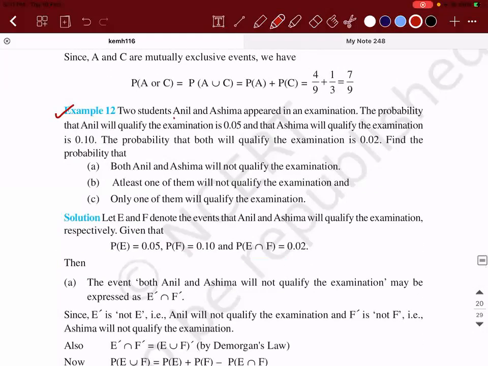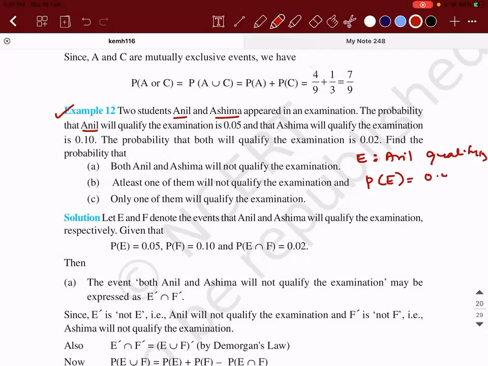Two students, Anil and Ashima, appeared in an examination. The probability that Anil will qualify the examination, we'll give a name to it. Anil and Ashima both are with A. So we'll define event E as Anil qualifying. What is the probability of Anil qualifying?